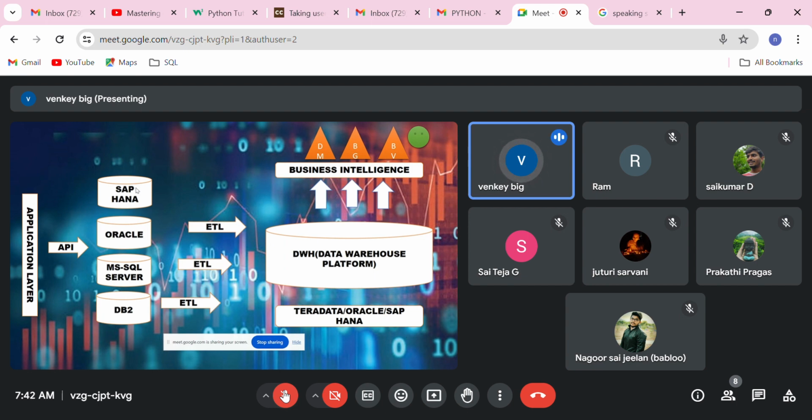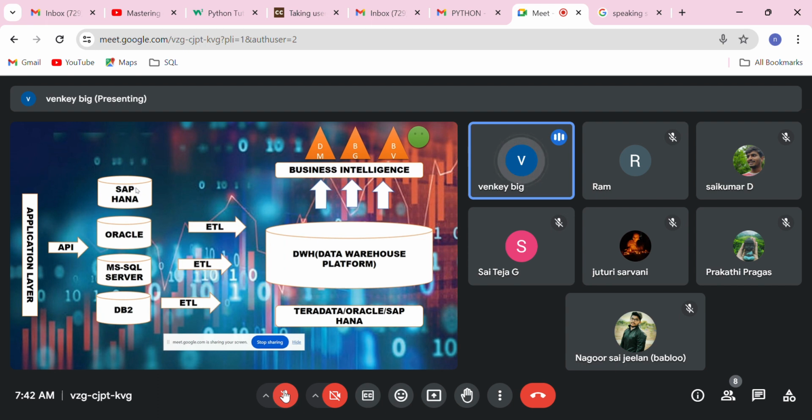ETL, extract transform load, is the process we follow to load data from multiple OLTP systems to a central data warehouse system. We call the data warehouse system an OLAP system, online analytical processing system.